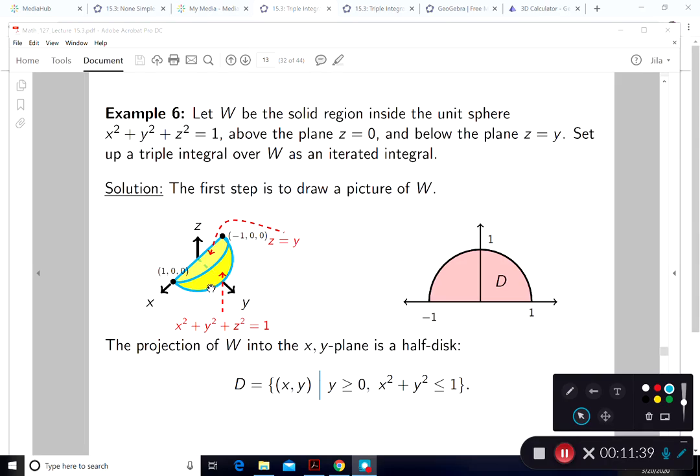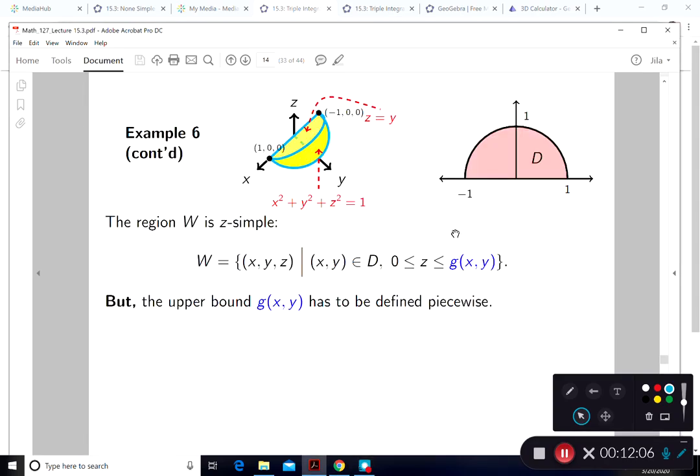But if I set it up that way, I see that for some part z ends at this plane, and for some part z ends at this sphere. So I have to figure out which part is which, and that's not too difficult. I can plug in z equal to y into the sphere and solve for where the solid is splitting.